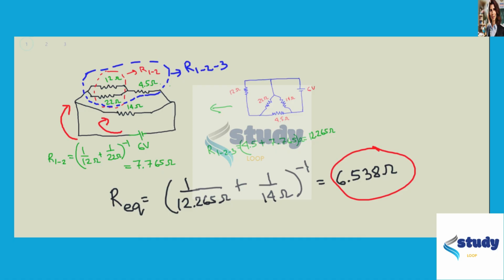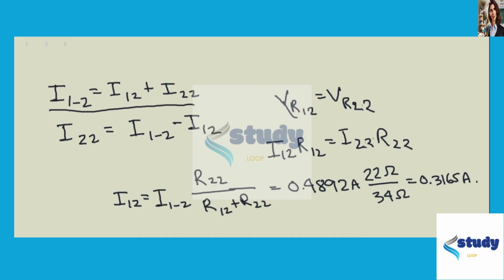The reason we're doing this is the following. We know that the voltage across these two ends is equal because they're in parallel connection. So the voltage for 12 ohms will be equal to the voltage for 22 ohms, which is represented here. And since this is the case, we can use Ohm's law, I times R equals V. So this is the current for the 12 ohm resistor, and this is the current for the 22 ohm resistor.